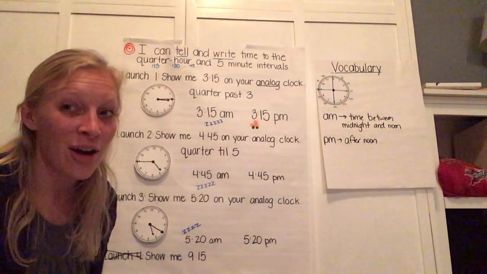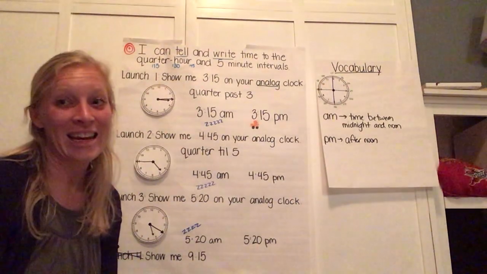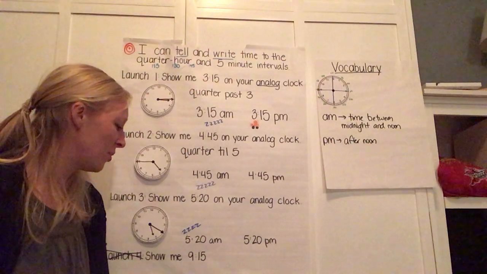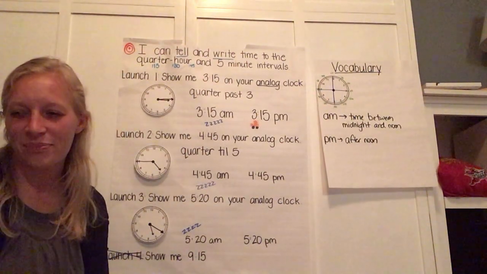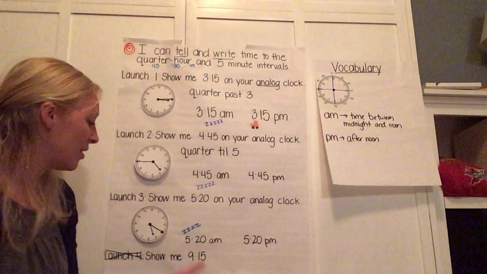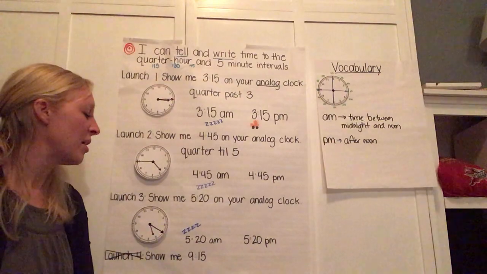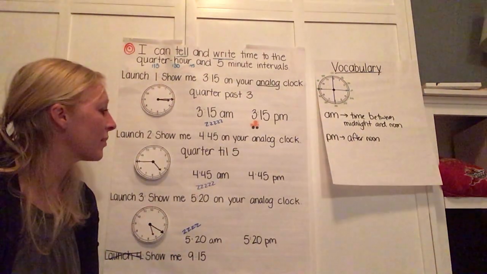And then on the back, what are you doing at 9:15 a.m.? Take a minute, show me that time on your clocks, and then remember on the back, you're going to tell me what you are doing at that time in the morning.